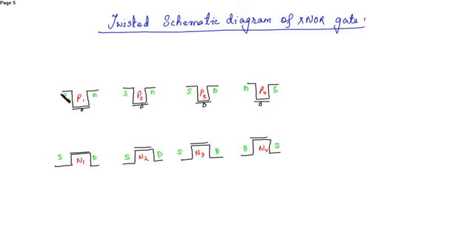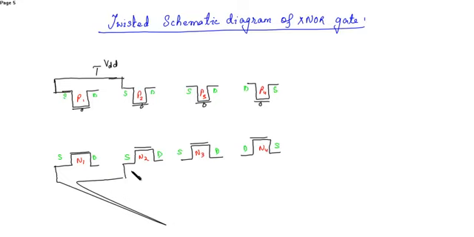Now these two are the transmission gate, these two are the inverters, or you can take these two as the inverters and these two as the transmission gate. If I say these two are the inverters, then the sources of the PMOS are connected to VDD, and the sources of the NMOS are connected to ground.